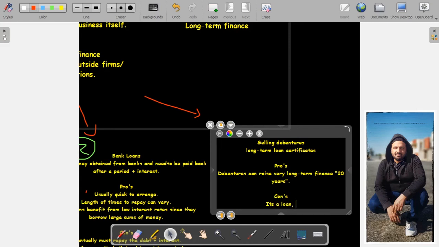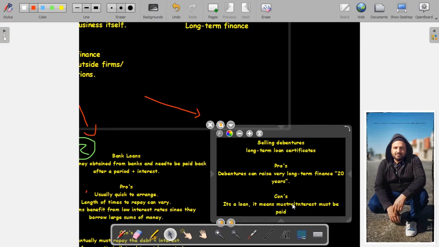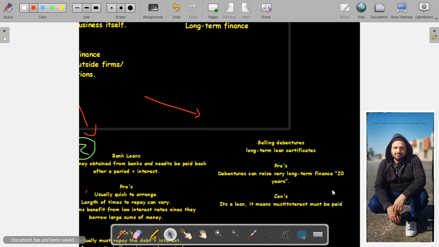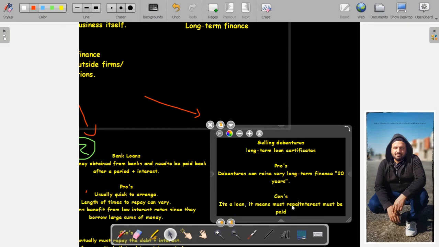Since it's a loan, it means the debt must be paid plus interest must be paid. This is about the selling of debentures.